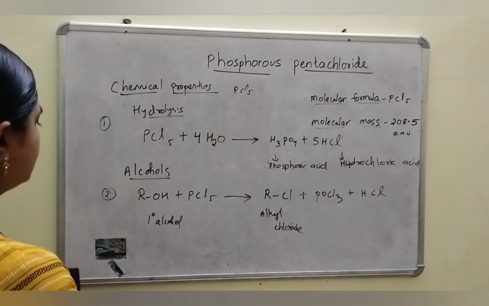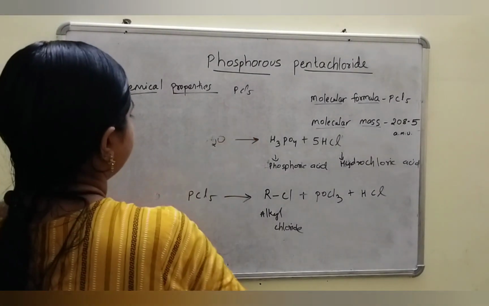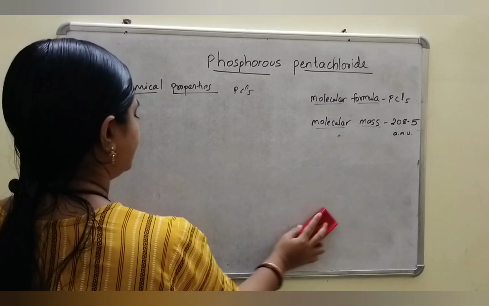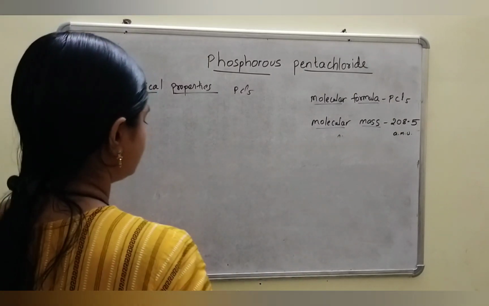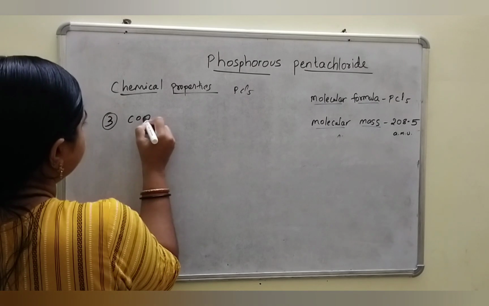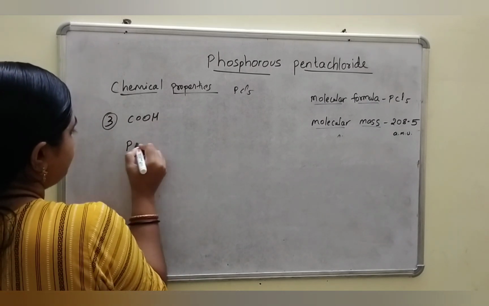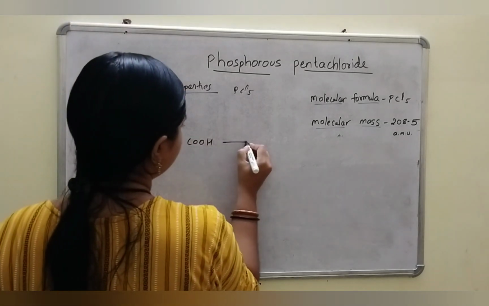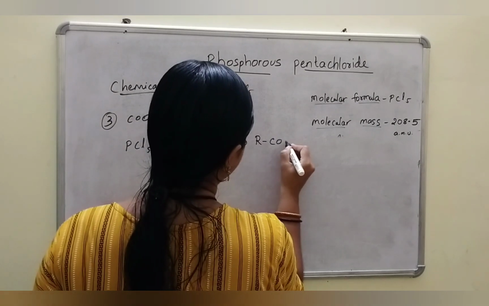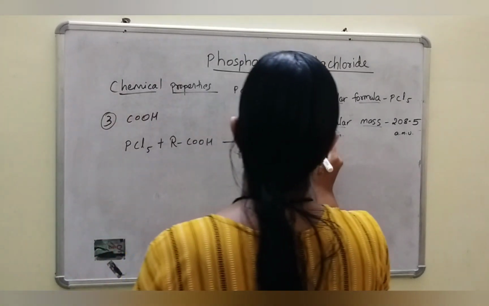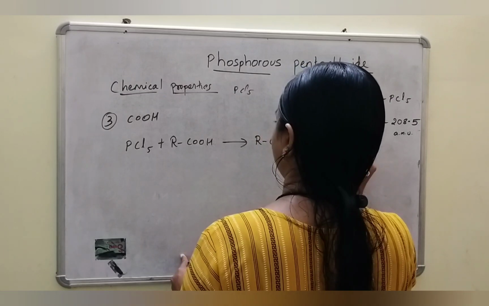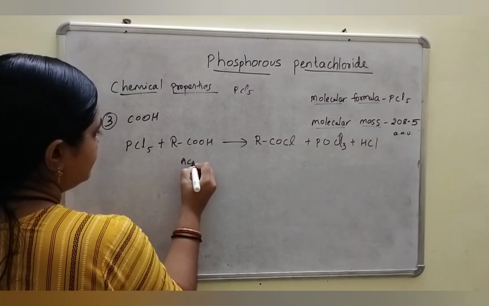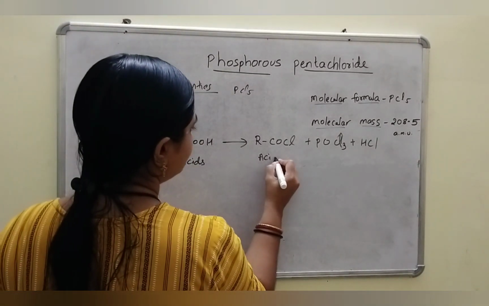And the third chemical property is reaction with COOH, that is acids. When phosphorus pentachloride is treated with acids, it gives acid chlorides.